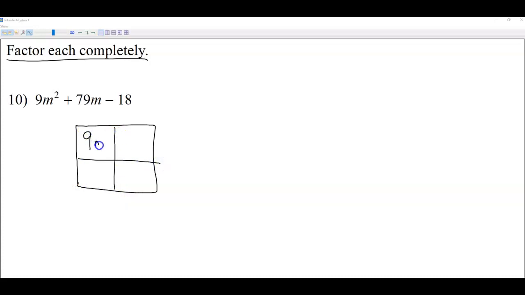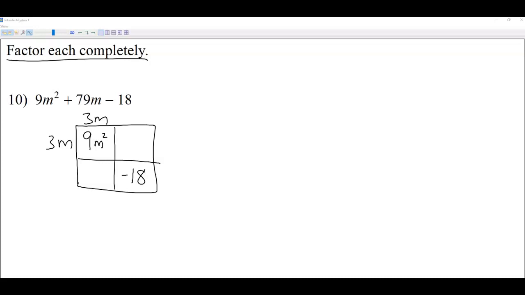So we have 9m squared here and negative 18 here. Let's try the less extreme numbers first, 3m and 3m. And what makes 18? Okay, well, I already think I'm wrong on my first guess.